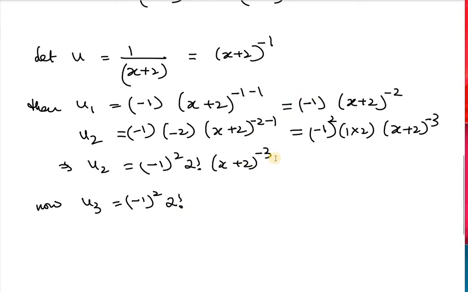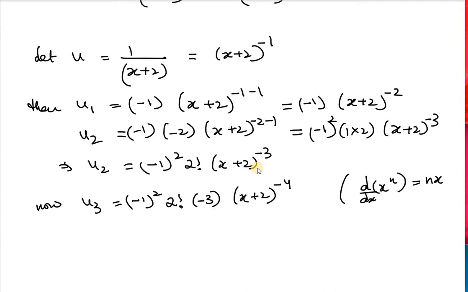So if you differentiate (x + 2)^(-3), minus 3 will come out, -3 into then (x + 2) to the power -3 - 1, so it will become -4. Here using the derivative formula d/dx of x^n is n x^(n-1), where x here is what? It is x + 2.